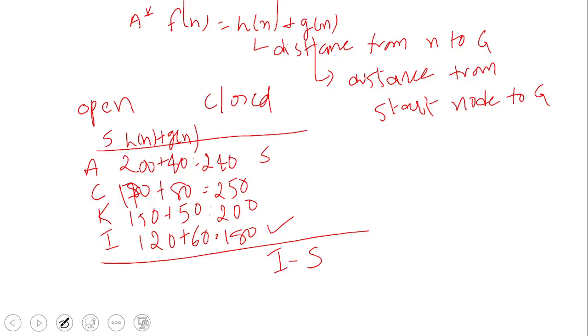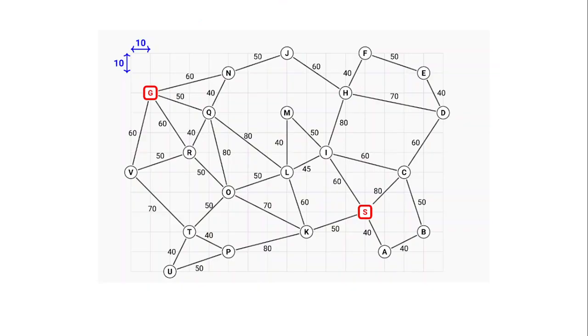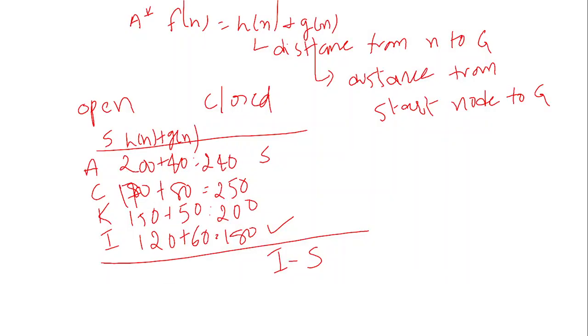So I will move I, and the parent is S. Now after expanding I, what are the nodes connected to I? Again M, H, L and C. Okay, so already we are having A, C, K. Along with that H, L, M, and once again I am writing C here.